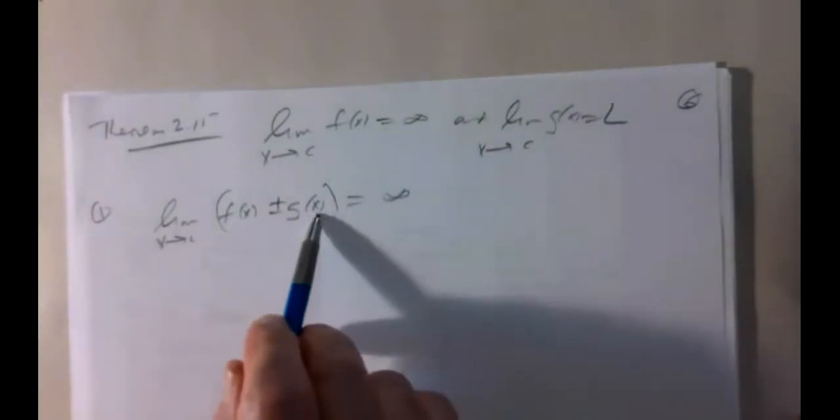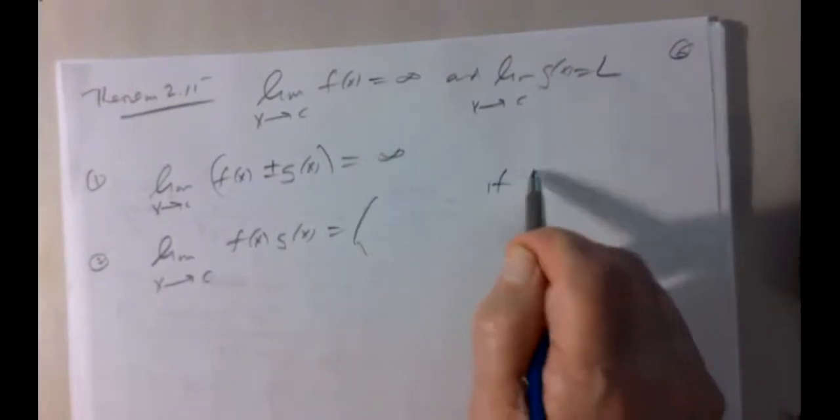So we have the following rules. The limit as x approaches c of f of x plus or minus g of x is infinity. This is going to infinity. This has a finite limit, and adding something finite to infinity is still infinity.